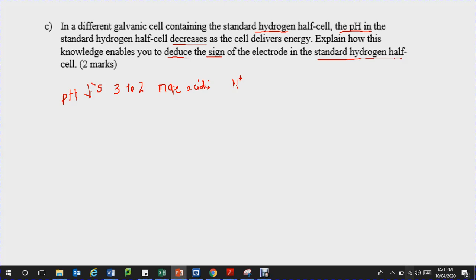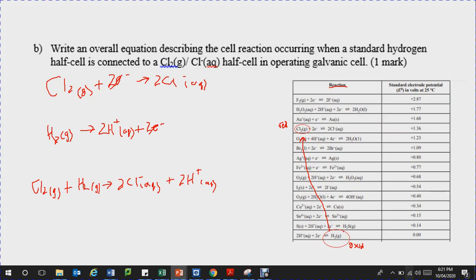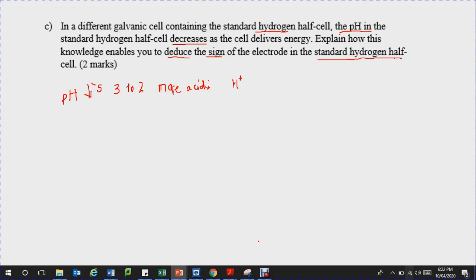Looking at the equation in my data booklet, I'm getting more hydrogen ions produced, so the reaction is occurring from right to left. That means my hydrogen gas is being oxidized, so it's occurring at the anode, which means the electrode is negative. There are a few little things to put together in that question.